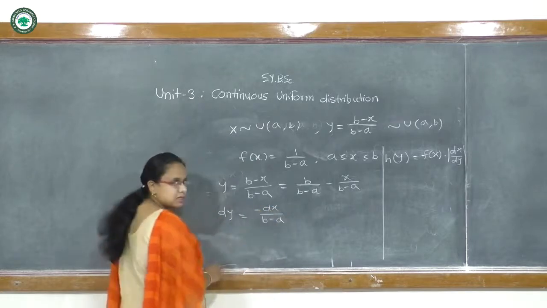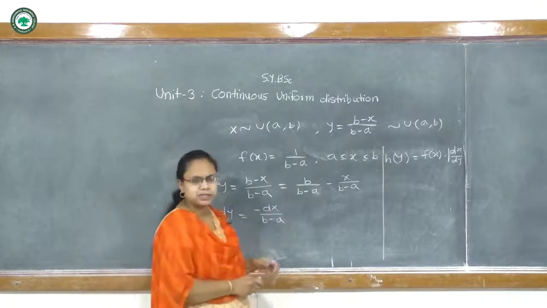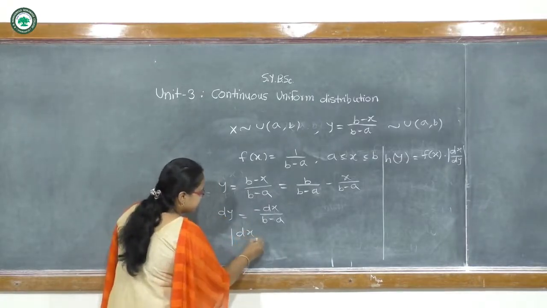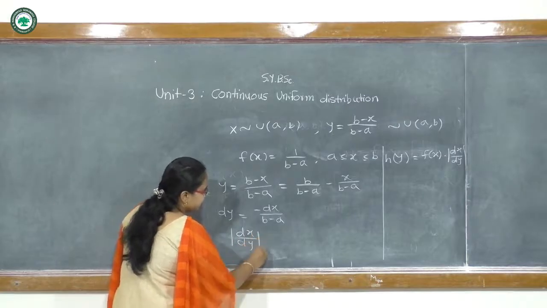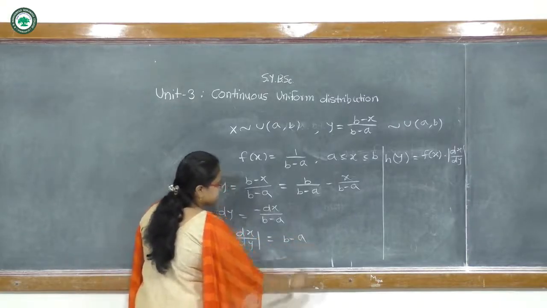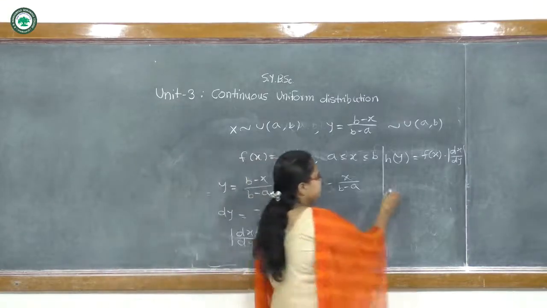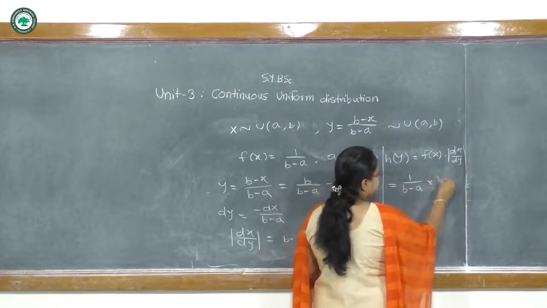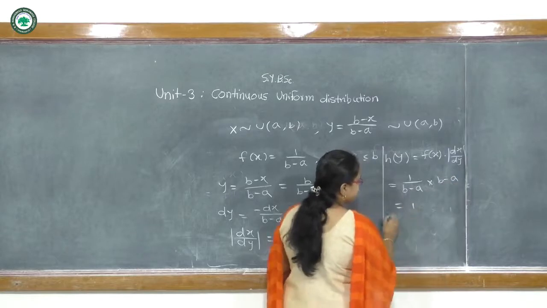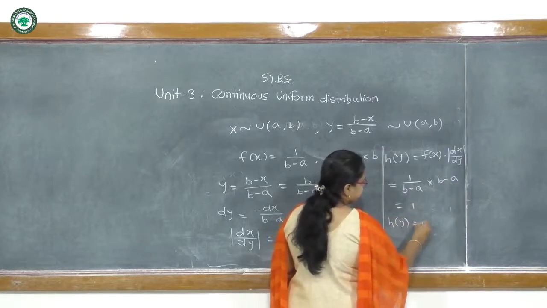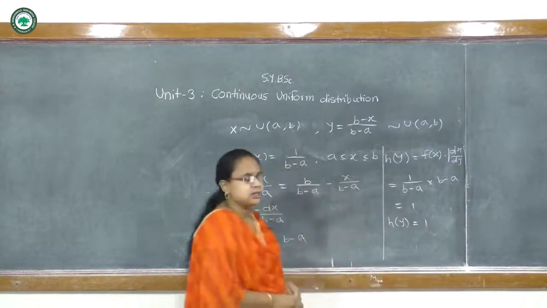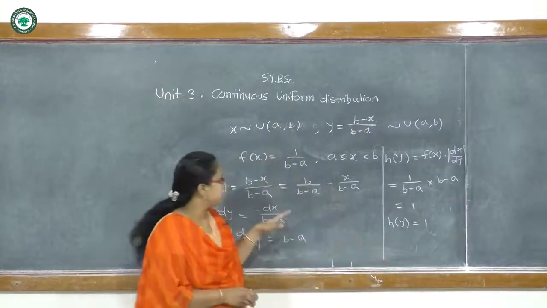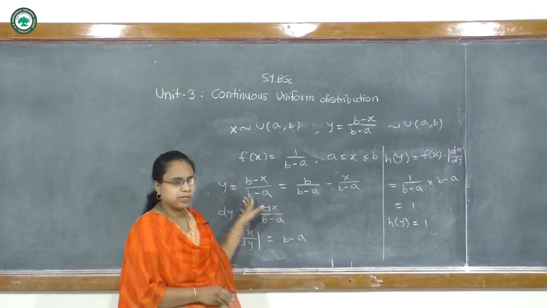This is minus, and if we take its modulus, then we remain with the modulus of dx upon dy, which is b minus a. So if we substitute here, b minus a cancels, so it is 1. So h of y is equal to 1, and the range of y can be calculated from this.